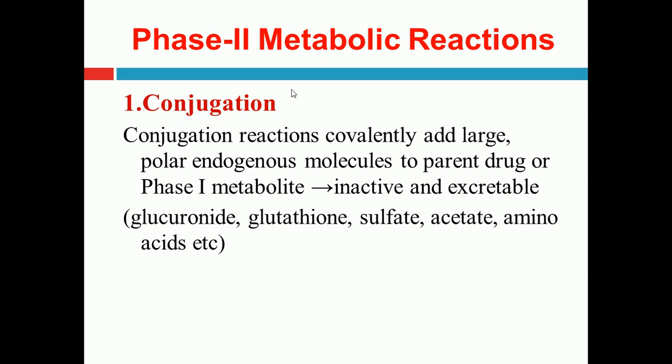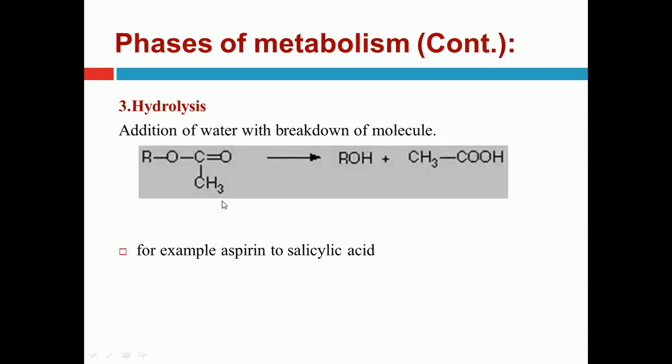So what kind of drugs can it attach to? Number one, parent drug. Parent drug means a drug that does not go through phase 1 reactions, or any drug that has undergone phase 1 reactions, that is called a phase 1 metabolite, we just saw here.